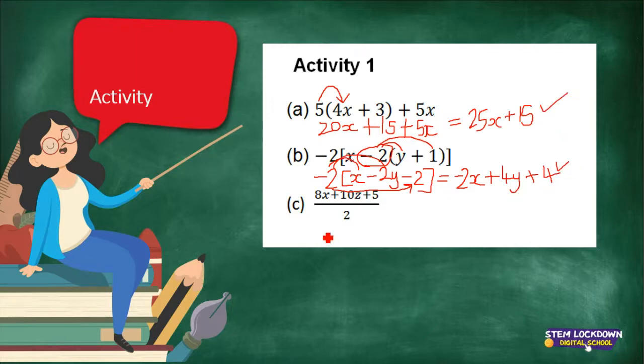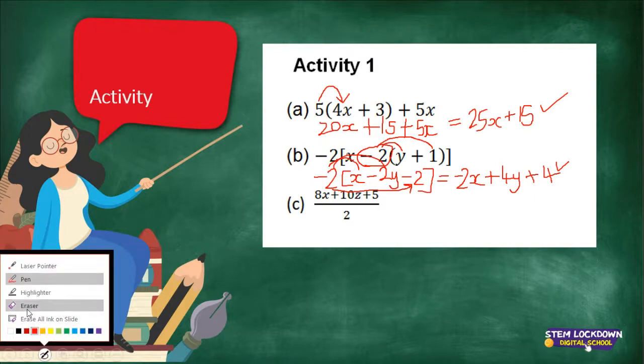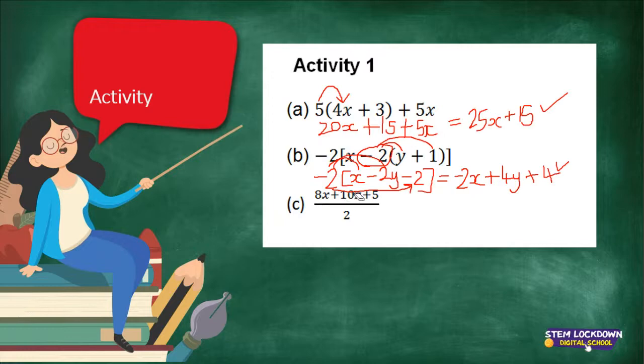Okay, now last one, C. For C it seems a bit complicated, right? It just looks complicated. It's not complicated. I want you learners to attempt to do C, right? Please attempt to do C. I'm giving you a minute and a half to do C. Write as fast as you can.